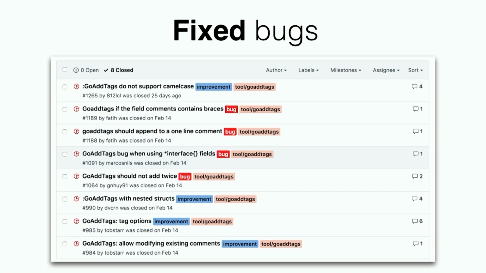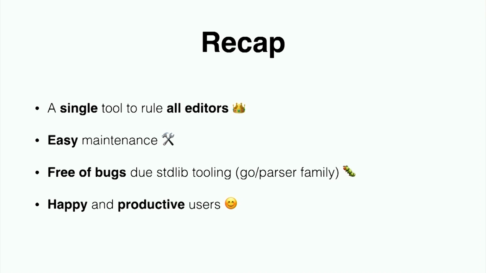It felt really great. So for a recap, we have a single tool which is able to be called inside multiple editors. It's easy to maintain because it uses Go. It uses the Go parser and the struct tag package, and it has tests.